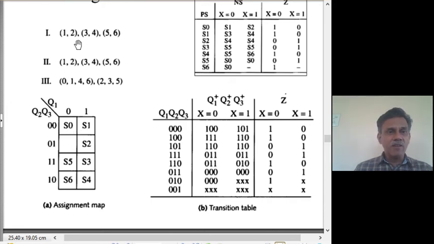So, whenever you have a condition where 1 and 2 are adjacent, try to put them in adjacent squares in this K-map like figure. Similarly, 3, 4 have to be next to each other. Suppose you know that this square and this square are not adjacent, this and this are not adjacent. Don't try to put 1 and 2 here, 3 and 4 here, and so on. This is what it tells.